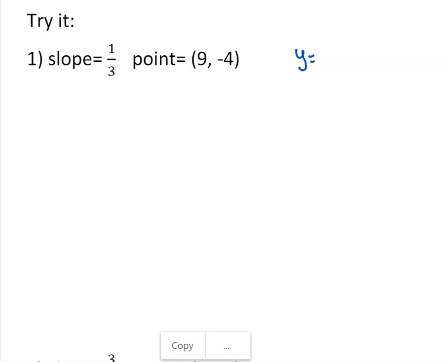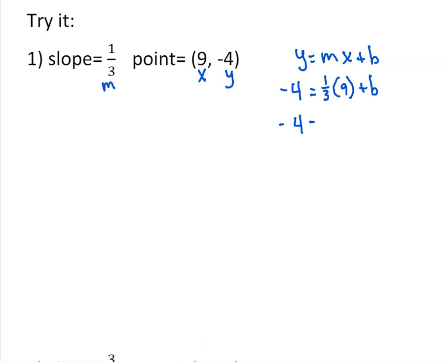All right, so now that you've tried it, we're going to do our formula here. Remember, slope is our m, a point is an x and a y. We're going to substitute them in. When I work out 1/3 times 9, that's going to give me 3.